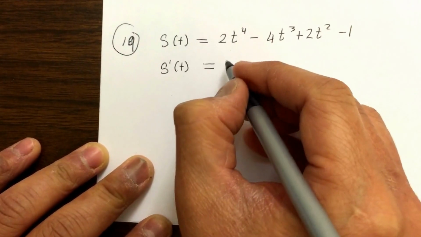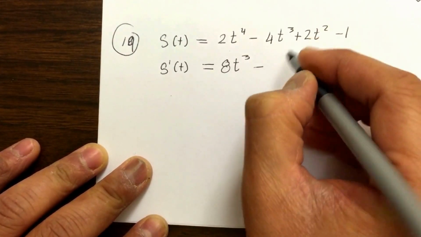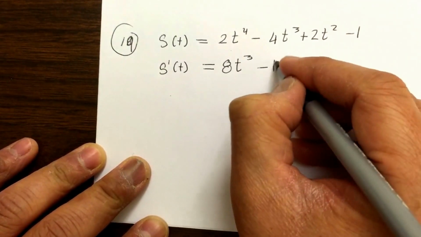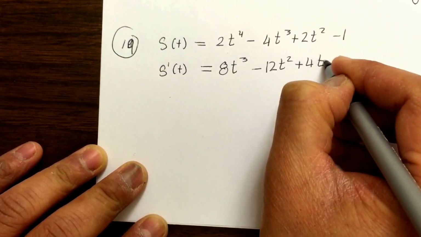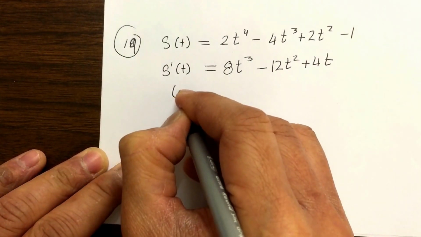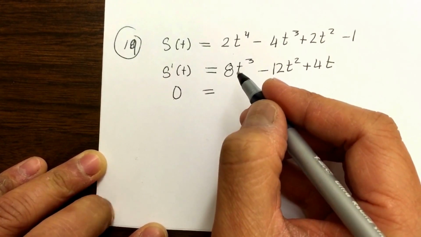So we take the first derivative and we get 8t to the third minus 12t squared plus 4t. We then set it equal to 0 because we want to know when it comes to a stop first.